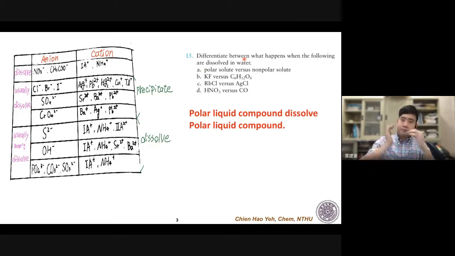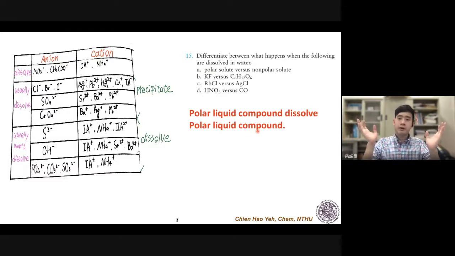A quick thought about this problem is that when a polar compound meets a polar compound, they can be mixed together, which usually means liquid to liquid or liquid to solid. Basically, you have to use some method to make them mix together. So when a polar liquid compound meets a polar liquid compound, it will mix together and dissolve with each other.